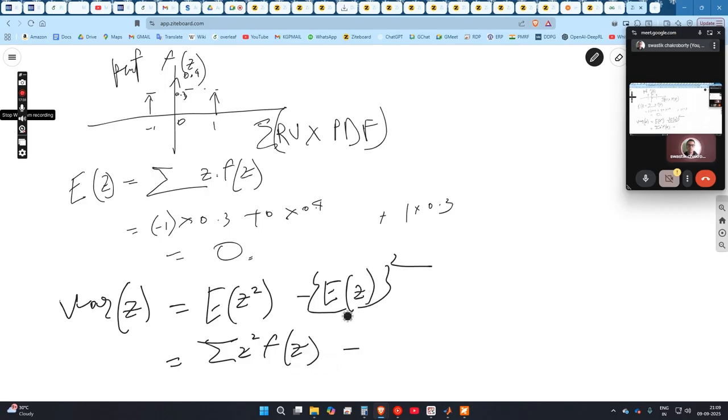And expectation of z we know is 0, so that term is just 0. So we have to just find summation z square f(z). So -1 square times 0.3 plus 0 square times 0.4, so that is 0 only, plus 1 square times 0.3. So these two are 1, so 0.3 plus 0.3, so it is 0.6. So the variance is 0.6 and the expectation is 0.